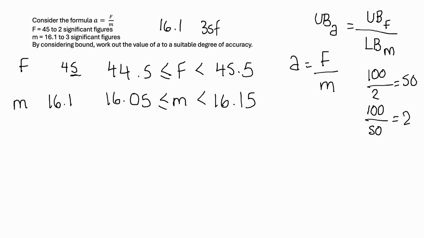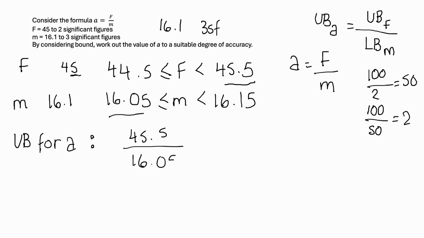So for our upper bound for A, we are going to do our upper bound for F, which is 45.5, divide by our lower bound for M, which is this one here, 16.05.